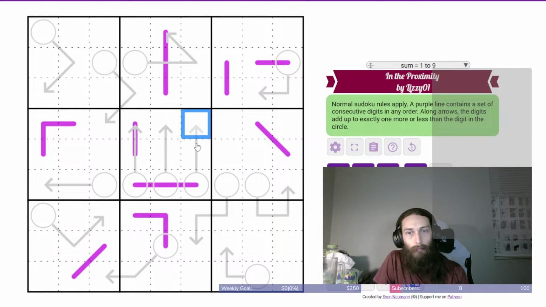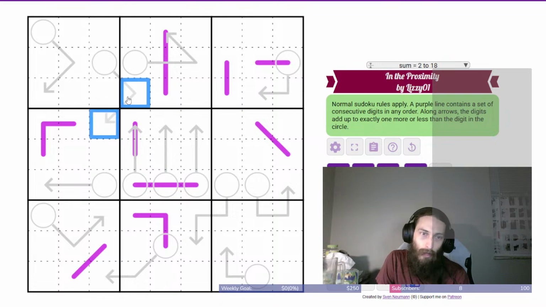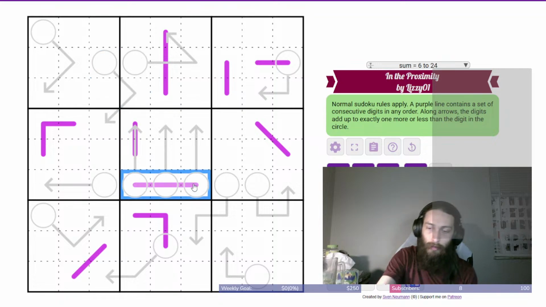Because the minimum would be 9-1, which is 10, which is fine, except for the fact that I can't put a 9 here. This arrow over here, I could put a 9 here, a 1 here, and a 9 there. And that would be fine. But that means this is 7, 8, 9 in some order.